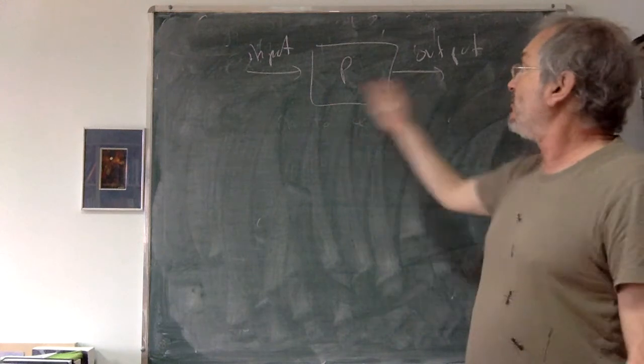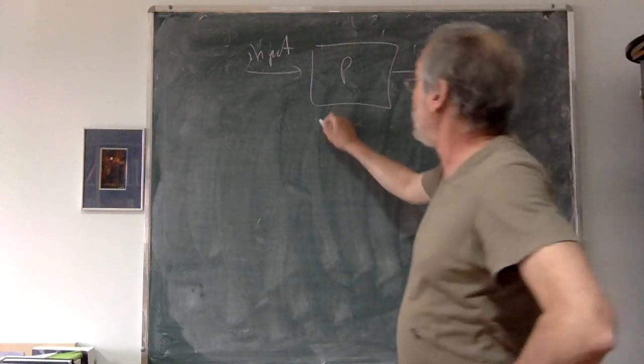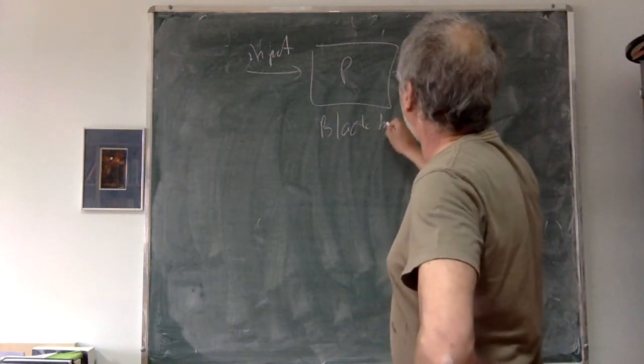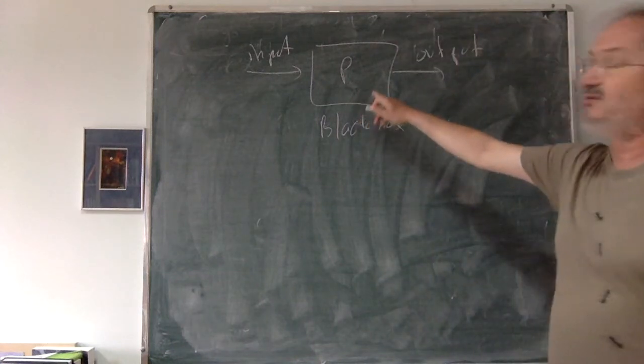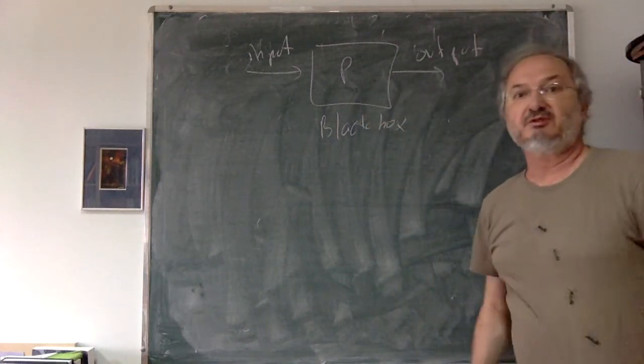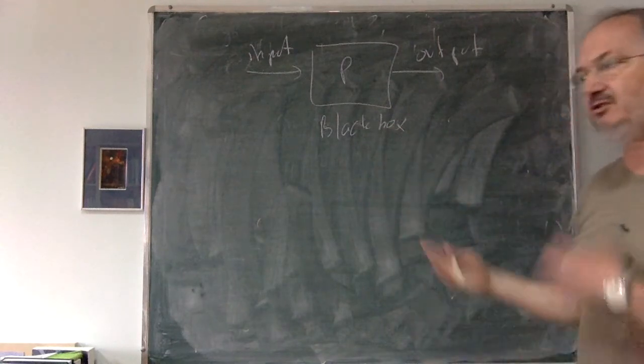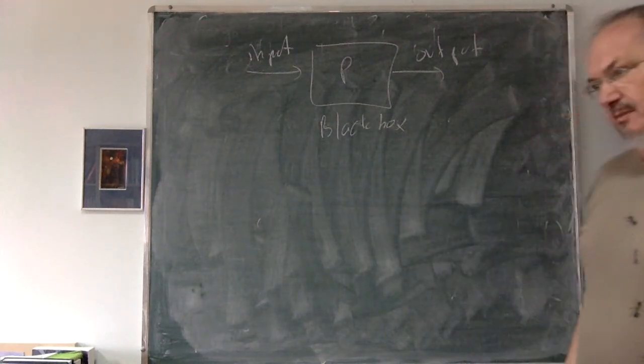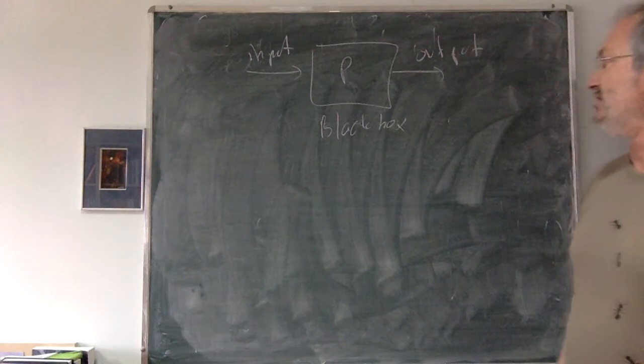If you're only interested in that, then this is a black box for you. You never worry about what's inside the black box. You just look at input, output, and just keep doing this. Behaviorists used to do that, but it's a long-run tradition now.